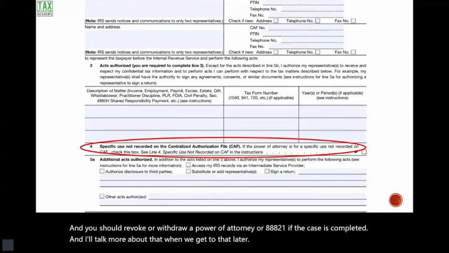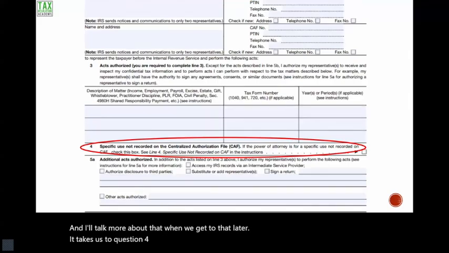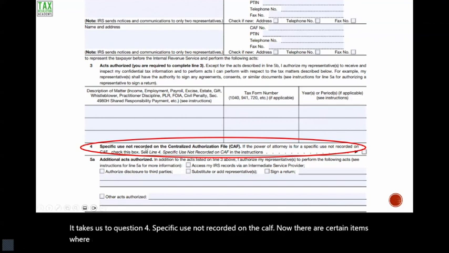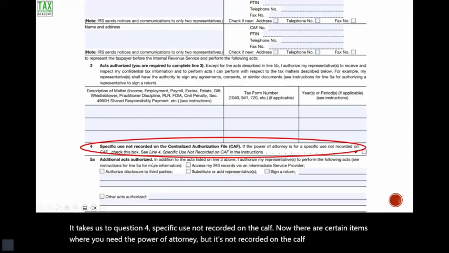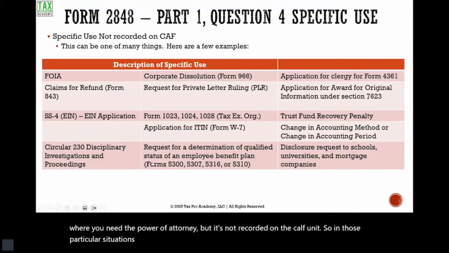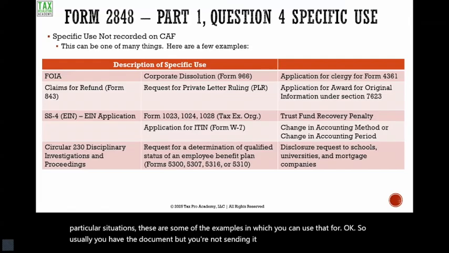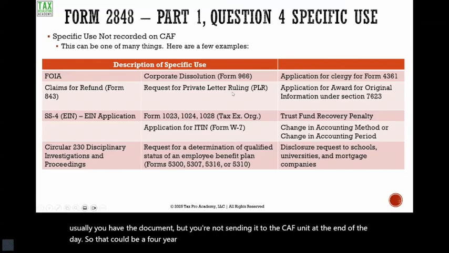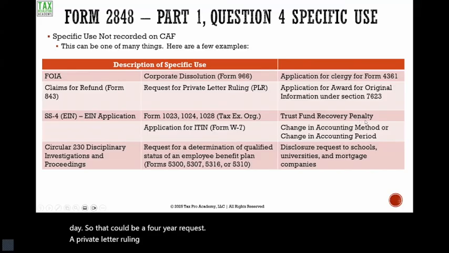Well, it takes us to question 4, specific use not recorded on the CAF. There are certain items where you need the power of attorney, but it's not recorded on the CAF unit. These are some of the examples in which you can use that. Usually you have the document, but you're not sending it to the CAF unit at the end of the day. That could be a FOIA request, a private letter ruling, the trust fund recovery penalty, or change of accounting.